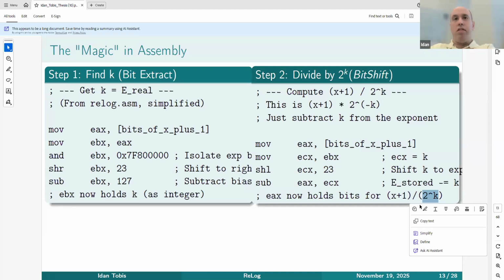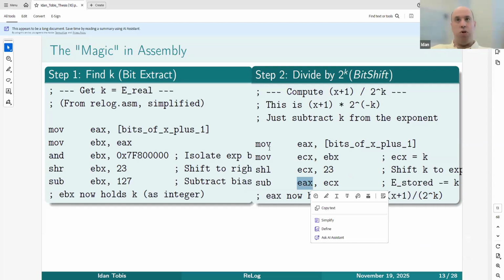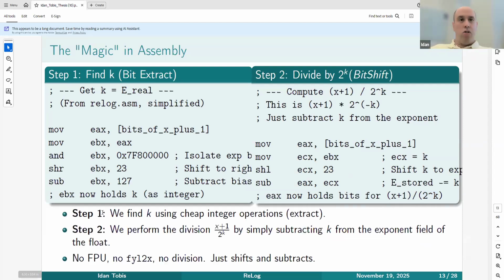Now all we have to do is bring everything back to a single number, and that would be in the EAX register. Okay. So again, step 1, we find k. And step 2, we perform the division by subtracting k from the exponent field of the float.